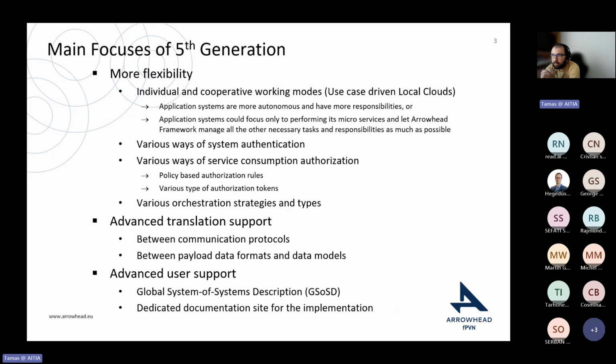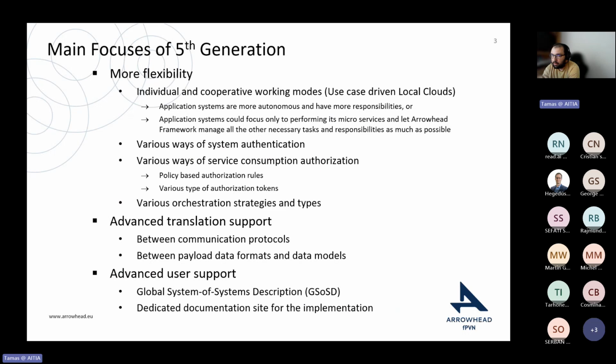For example, the individual and cooperative working modes. You can deploy different working modes for different use cases. We used to say that you can deploy your use case-driven local clouds.